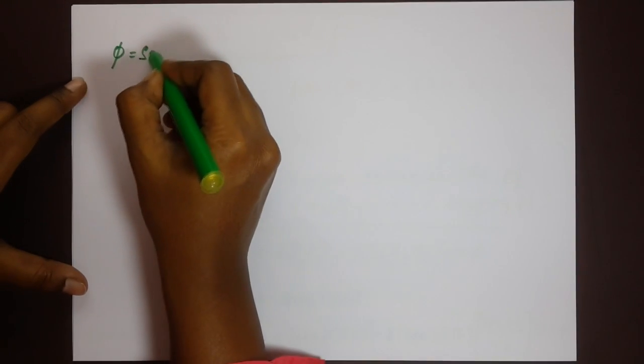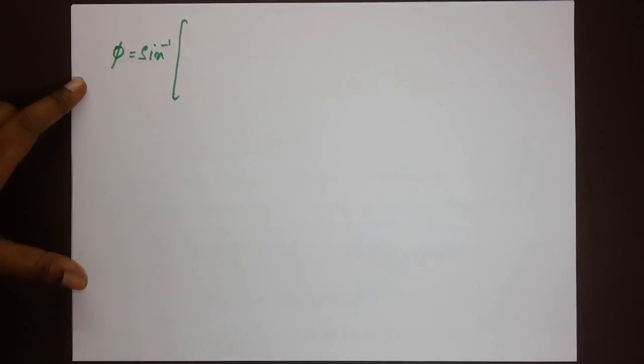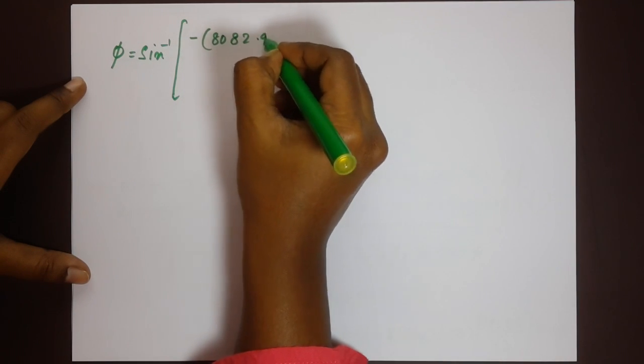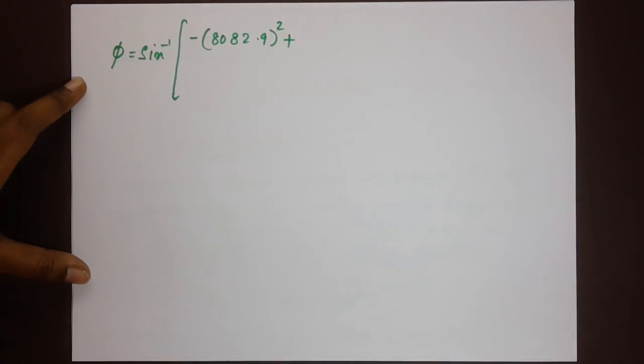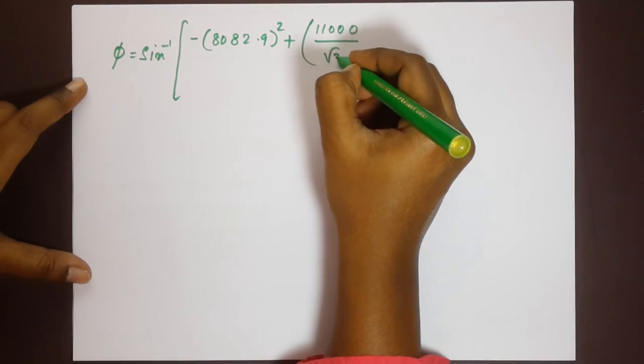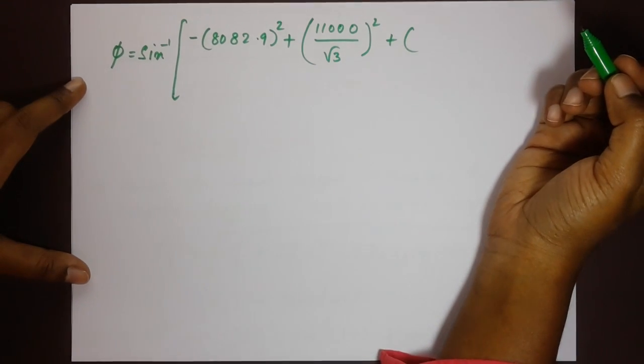Please note, phi is then equal to sine inverse of, this is going to be a little large, please note, minus 8082.9 square plus Vt square, 11,000 divided by root 3 whole square plus, next is I square xs square.